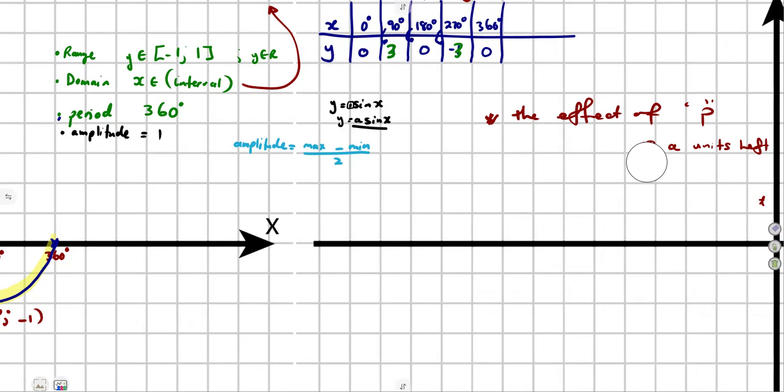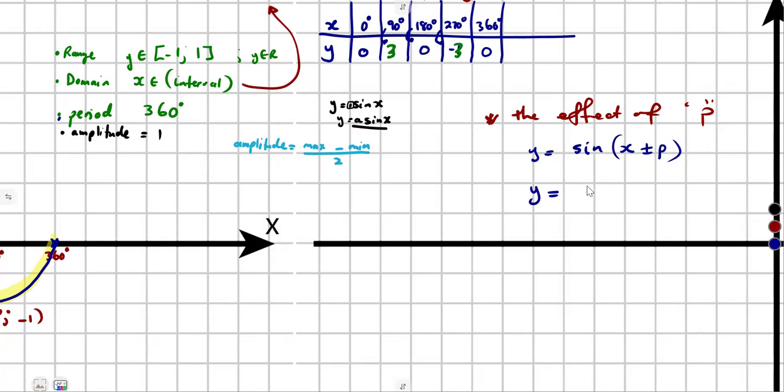This is the concept. So it is the same thing on our graph. You'll be given the sine of x, here we're just working with the sine of x, plus or minus p. For an example, y is equal to the sine of x.